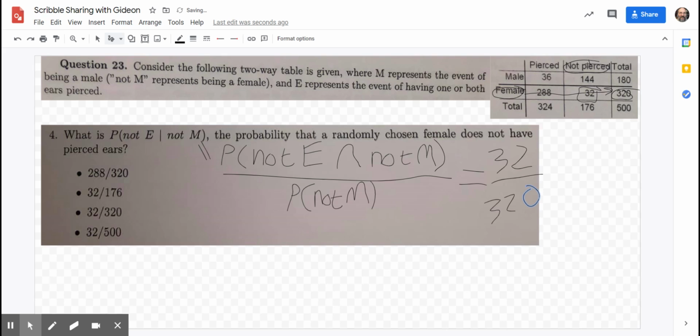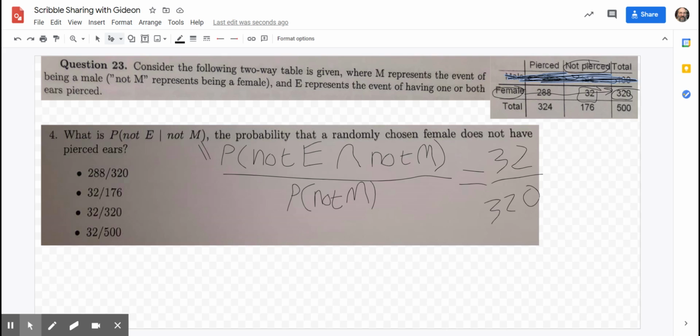Conditional probability. Given female, I don't even need to think about my male row. I might as well just knock it off the table because I'm given a female. So all I care about is the female row. That's how it relates to row and column probabilities earlier in the book.